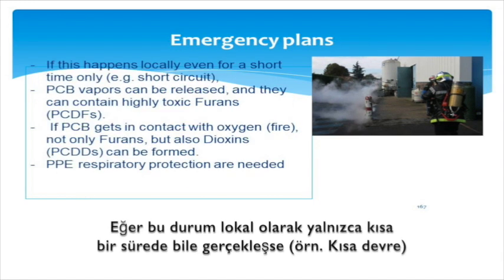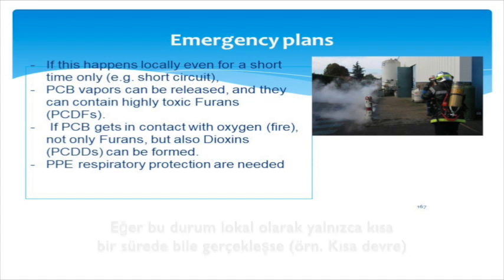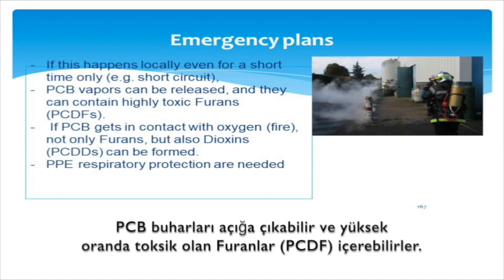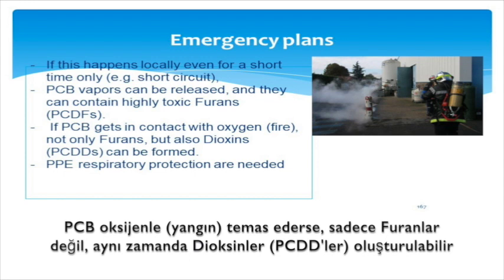If it happens locally, even for a short term only, such as a short circuit, PCB vapor can be released and can then contain highly toxic furans, PCDF. If the PCB gets in contact with oxygen in a fire, not only furans but also dioxins, PCDD, can be formed.